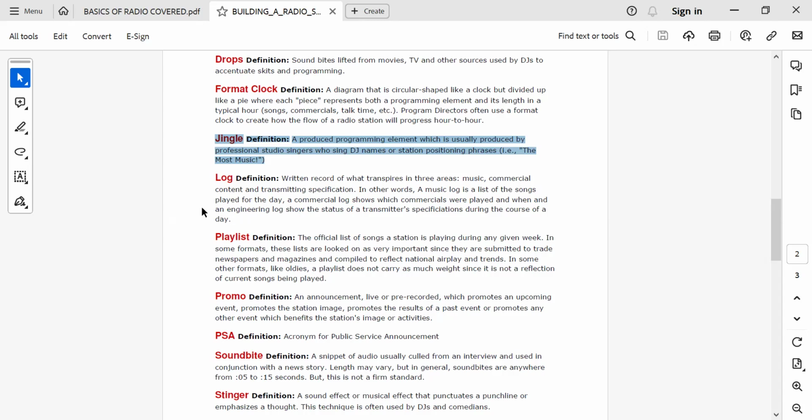So if there is a complaint or a checkup from a client, and you said you played this advert or did this competition at this time, and you didn't, you'll be hauled in for a disciplinary. So the log is signing off a commitment to what you have done in the show. The playlist is just a playlist of the music.